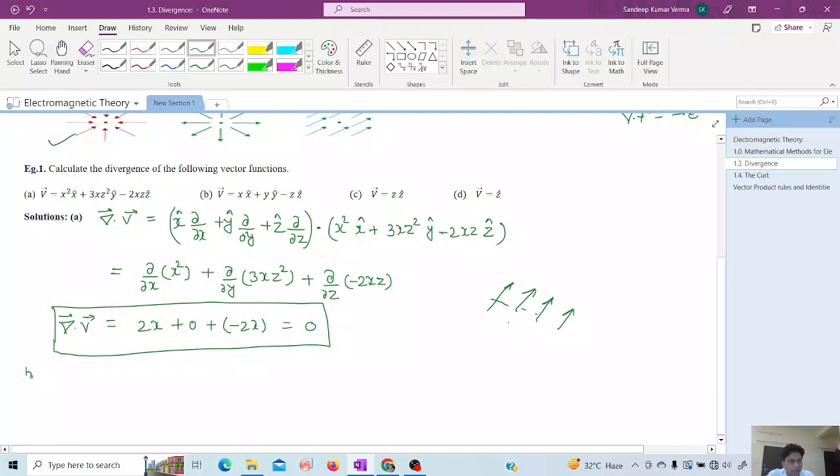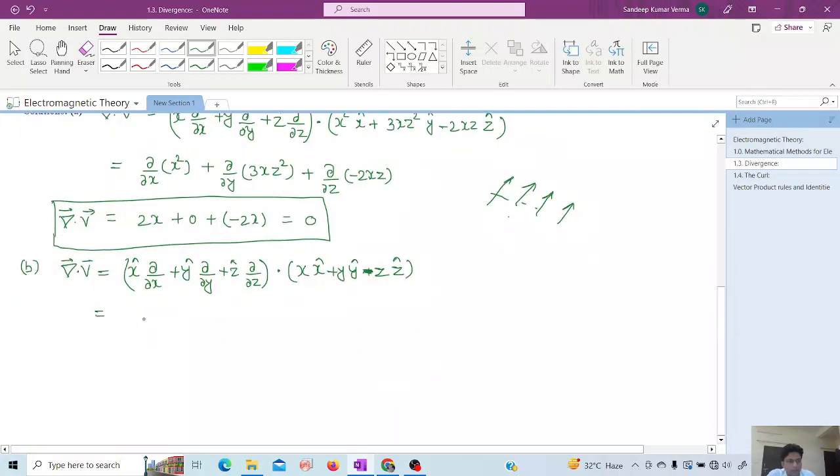Similarly, if we find the solution for B, the divergence of V can be written as x cap del by del x plus y cap del by del y plus z cap del by del z dot x times x cap plus y times y cap plus z times z cap.